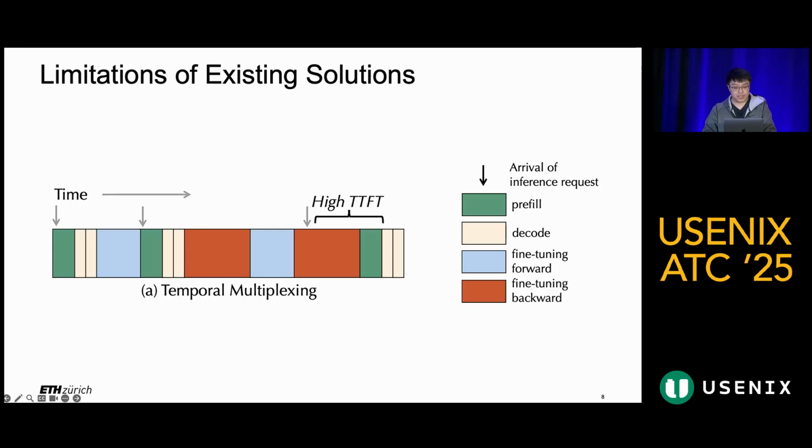And then if there's no request, you can do fine-tuning continuously. However, when you're doing backward, which takes a long time, some inference requests may come in, and the user needs to wait a long time until they can see the results of the inference requests, which leads to high time to first token.